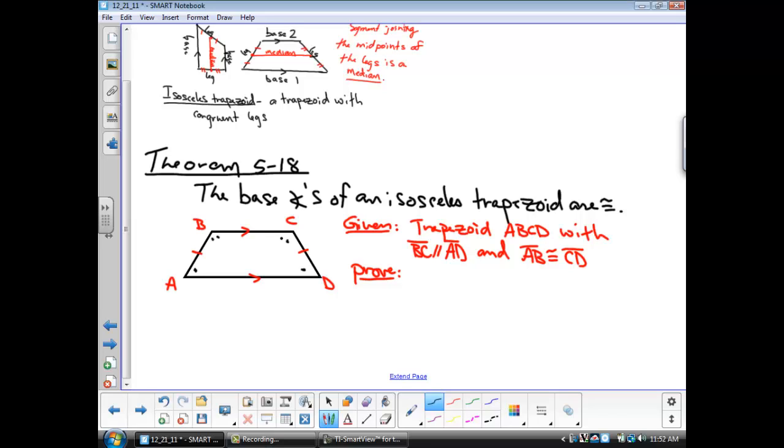In English, when we look at the word base, it's like the base of something. So would you just ignore that when you're talking about a trapezoid? The two sides that are parallel are called bases no matter what orientation it has.